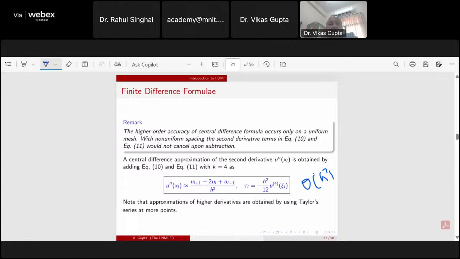But here we are considering only a second order two-point boundary value problem. So it suffices for us to get the approximation of the derivative terms up to second order finite difference approximation.